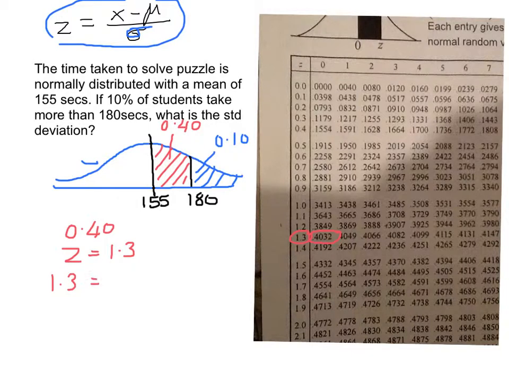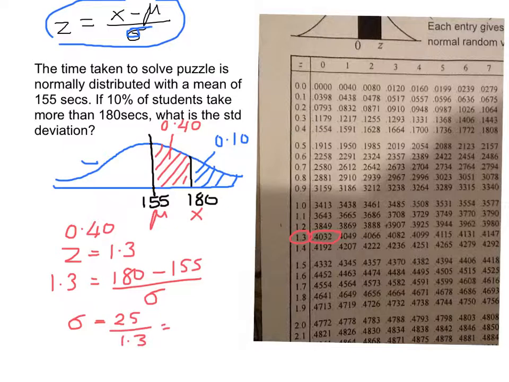So 1.3 equals my x, 180, minus the mean, 155, divided by the standard deviation. Just rearranging that, standard deviation equals 25 divided by 1.3. On your calculator, work that one out. Okay, thank you.